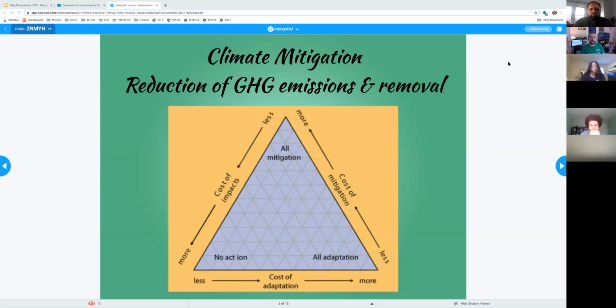And what that specifically means is that we are trying to reduce or keep at the same levels the greenhouse gas emissions, and also working on removing those greenhouse gases. So what are some examples of greenhouse gases?